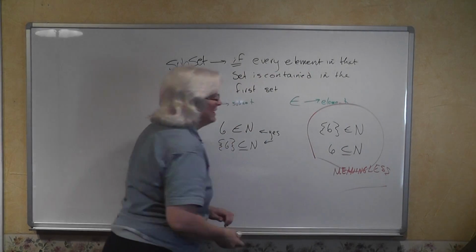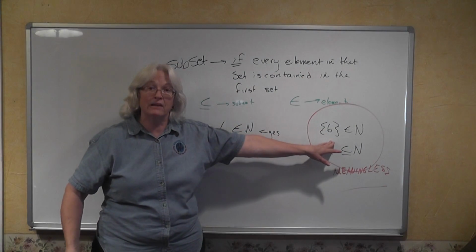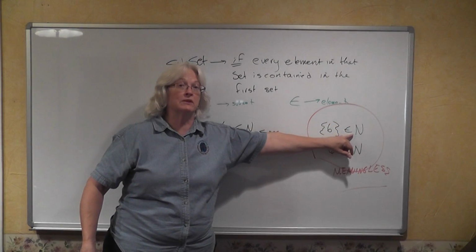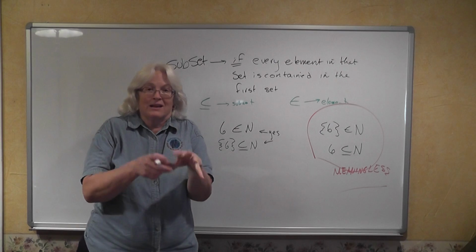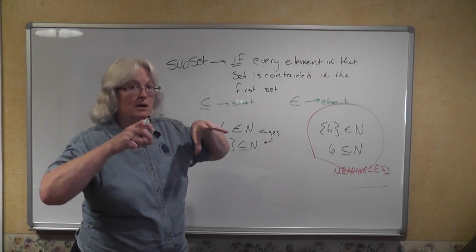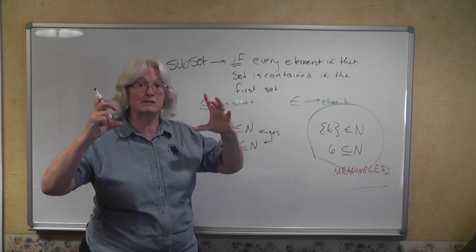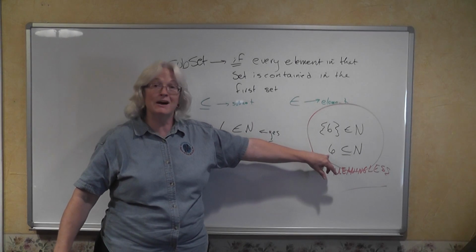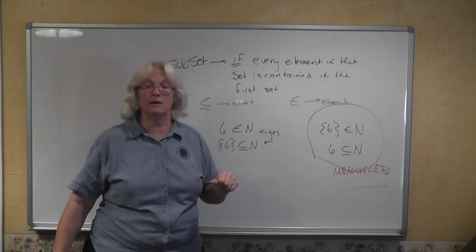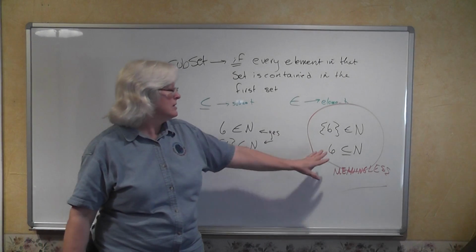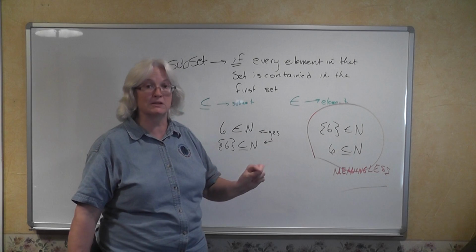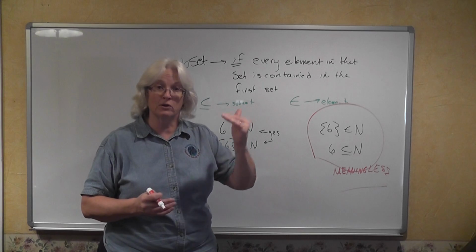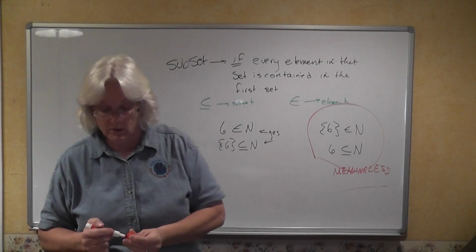What you have said here is that the set containing the element 6 is an element of the natural numbers. Sets are not elements. Sets have braces around them. Elements don't. This here says that the number 6 is a subset of the natural numbers. It's not. Sets have to have the braces around. I'm sorry it's confusing, but you've got to take the time to go through all this vocabulary that we're going over today.